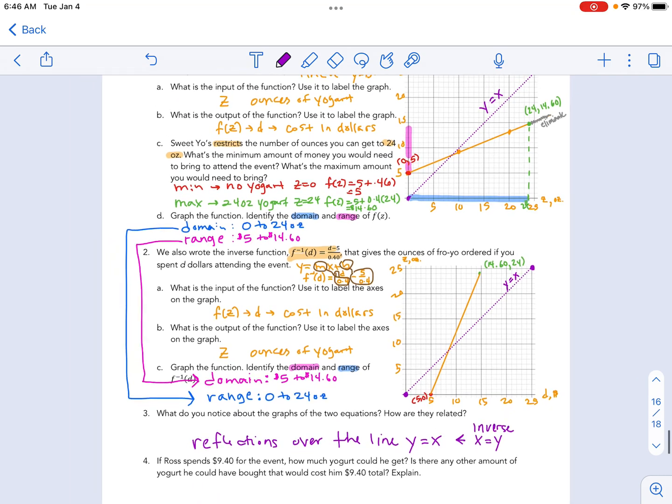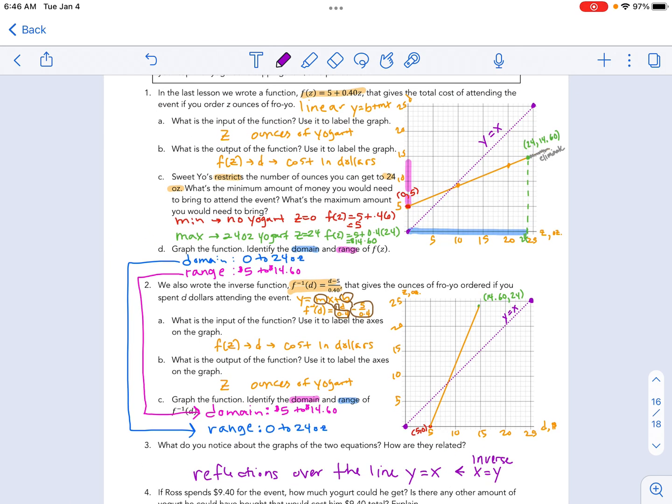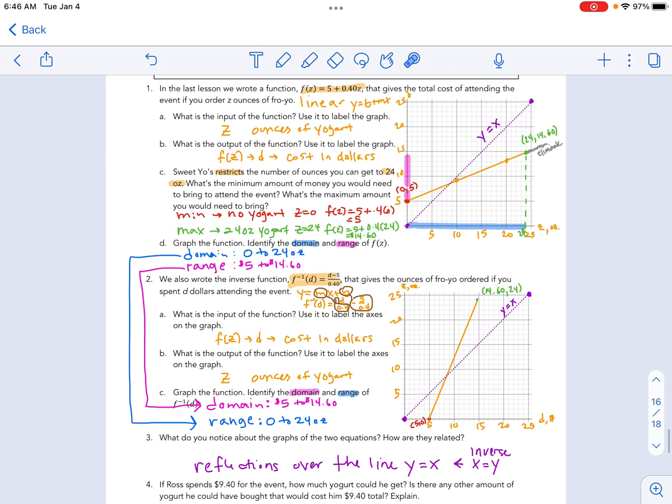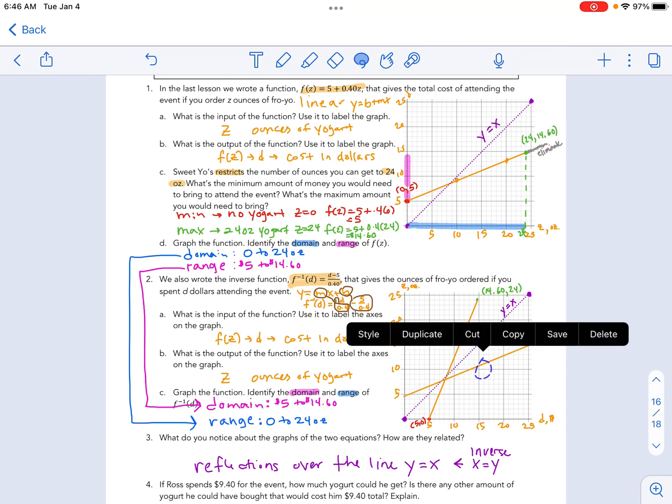We can see, and like I said, it's kind of tough to see with it graphed on separate graphs. I'm going to actually superimpose the original line down on this original line. I'm going to graph it down here so you can see that reflection a little bit better. But it's a reflection over that line. So let's take this line and duplicate it and slide it down, there we go, to here, right? It should be right there.